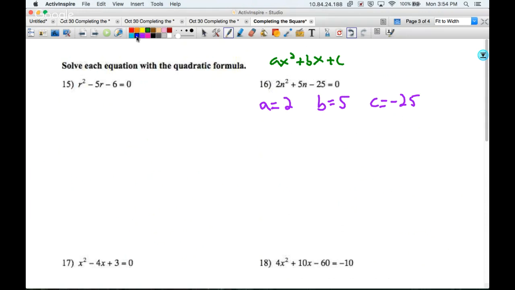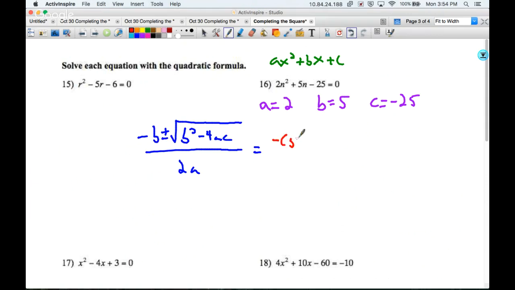All right, then I write out my quadratic formula. Negative b plus or minus the square root, b squared minus 4ac, all over 2a. And then I substitute my values in. And when I substitute the values in, I make sure to do it inside a set of parentheses to help avoid making mistakes with positives and negatives.